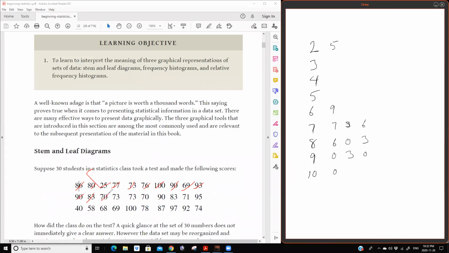For 70, I put a 0 in the 7 row. 73, another 3 goes here.